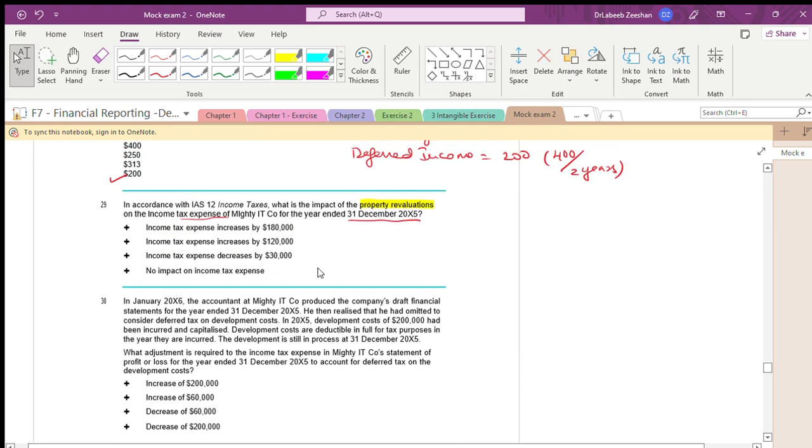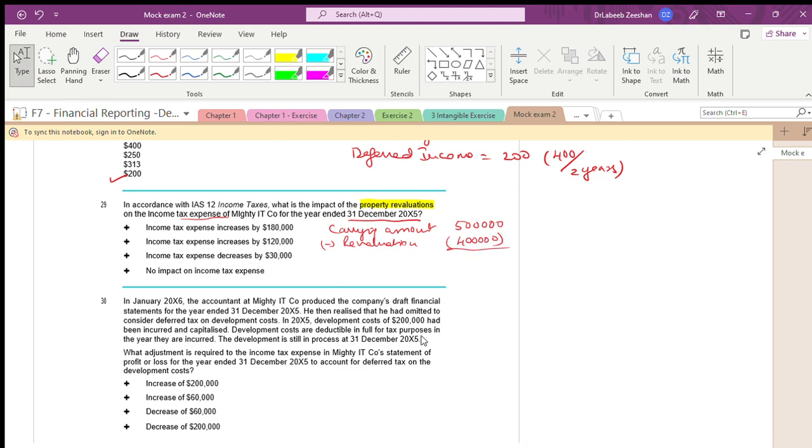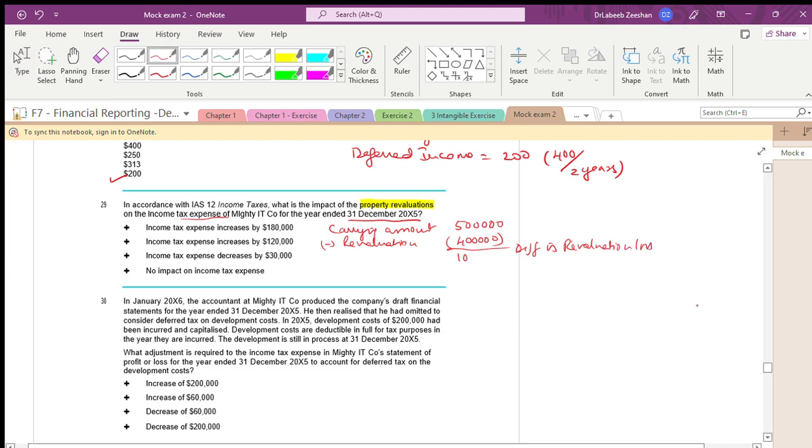Income tax will decrease. How much is the carrying amount? Carrying amount is 500,000. Is it right? Revaluation is how much? 400,000. Difference. Difference is revaluation loss, 100,000.